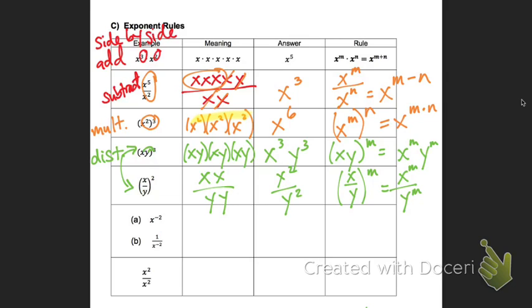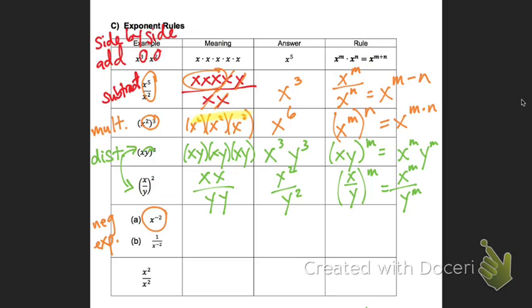Okay, the next one is negative exponents. This is what people have the hardest time with because if I say simplify, you can never have a negative exponent in your answer. I almost made this killing a puppy, but I didn't. It's like almost killing a puppy.